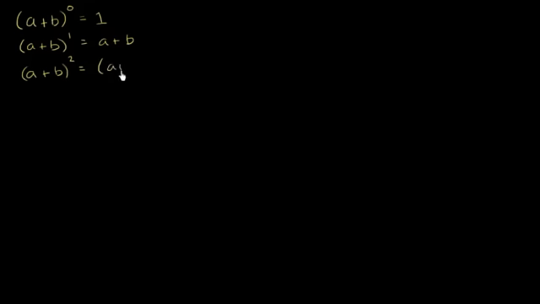It is a plus b times a plus b. And then if you do this, it'll be a times a, which is a squared, plus a times b, which is ab, plus b times a, which is another ab, plus b times b, which is b squared. You have two ab's here, so you could add them together. So it's equal to a squared plus 2ab plus b squared.